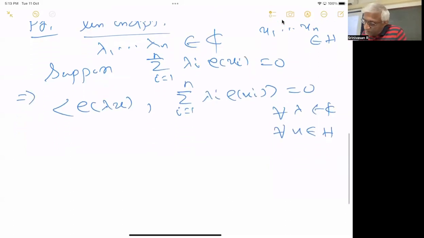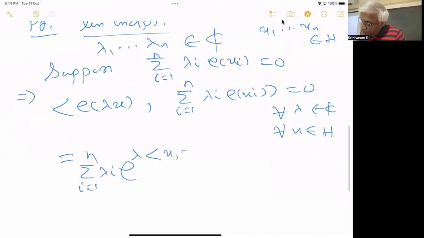Now we have the formula, so you can take the lambda i out, and this is the summation of lambda i exponential of the inner product of lambda U and U i. This is equal to 0.